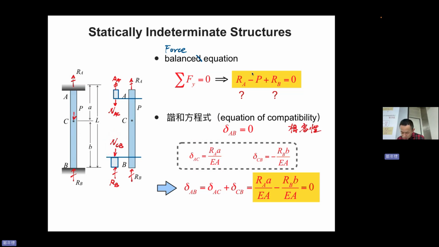So it is RB times this length divided by EA, and summing them together, the total needs to be equal to 0. These two equations can give us the solutions for RA and RB. Okay, that's it.